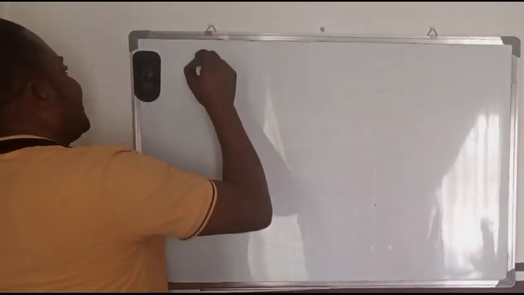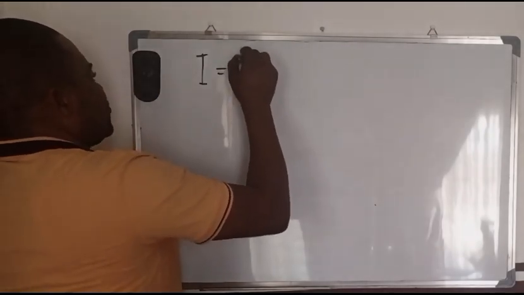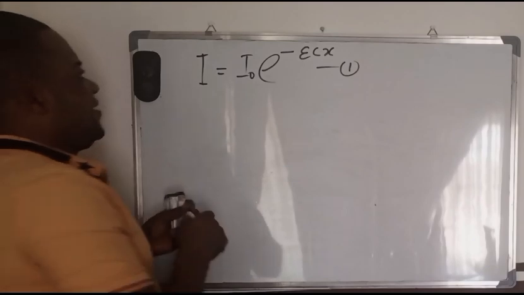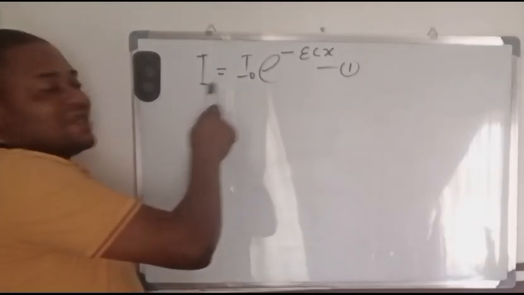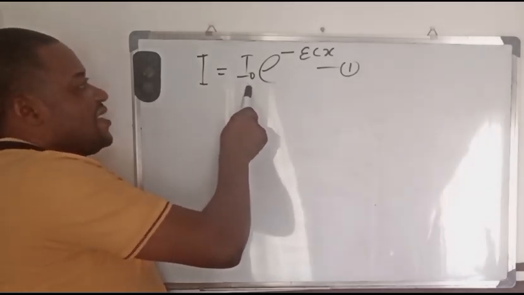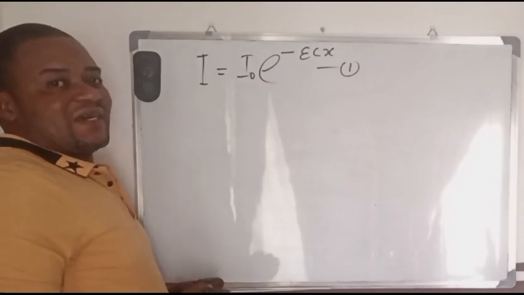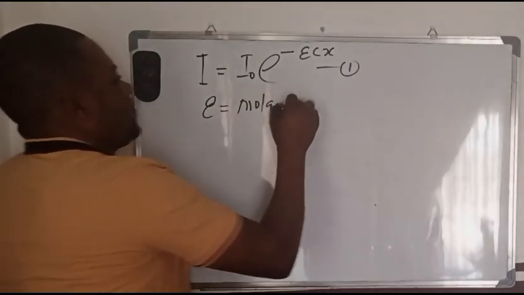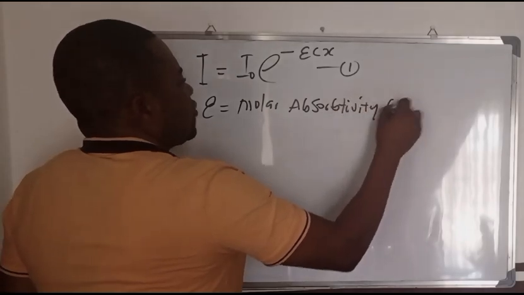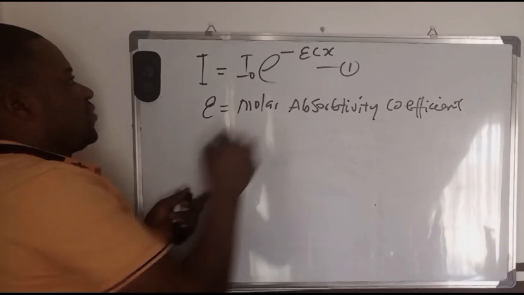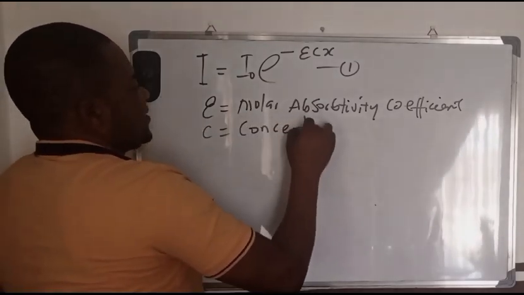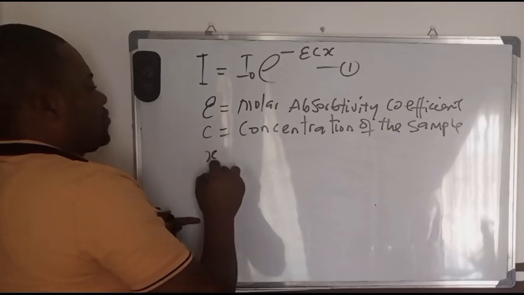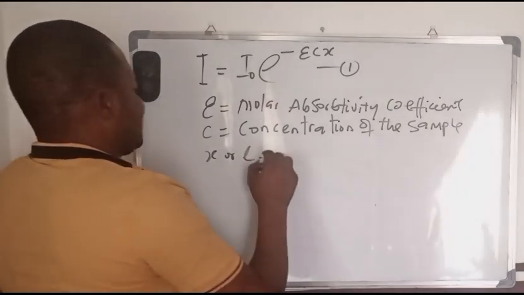And that is why we have I equals I0 exponential minus epsilon Cx. Here, I is the transmitted radiation, which equals the intensity of the incident radiation, I0, to the exponent of minus epsilon Cx. This epsilon is simply known as the molar absorptivity coefficient, where C is the concentration of the sample, and X, which can also be written as L in some books, is simply the path length.